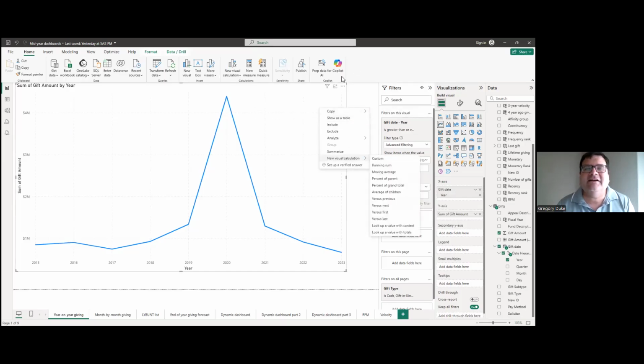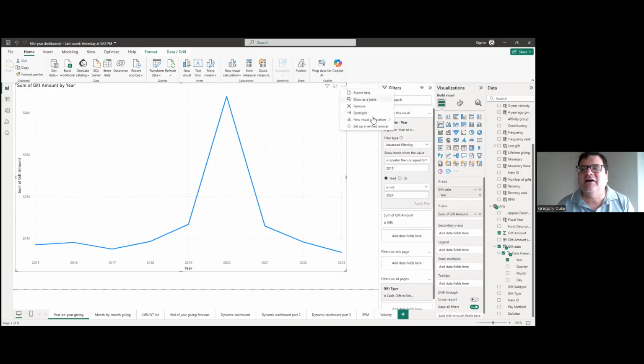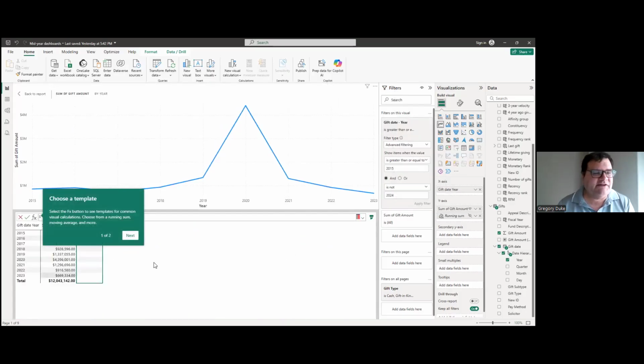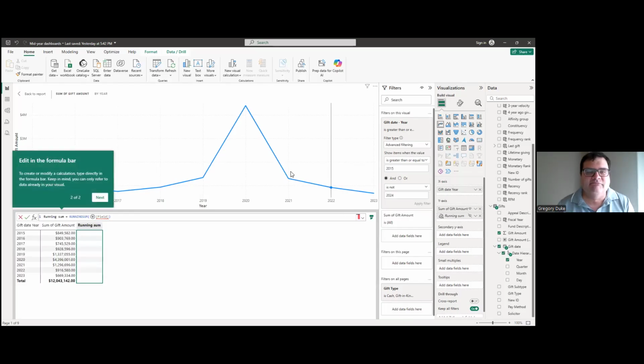there's now information. You can use some of this information. You can do a visual calculation, so a running sum instead of just the amount, over year on year. So you can have now, here's the grand total.